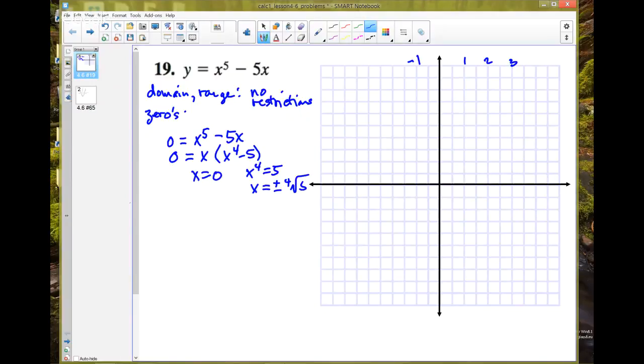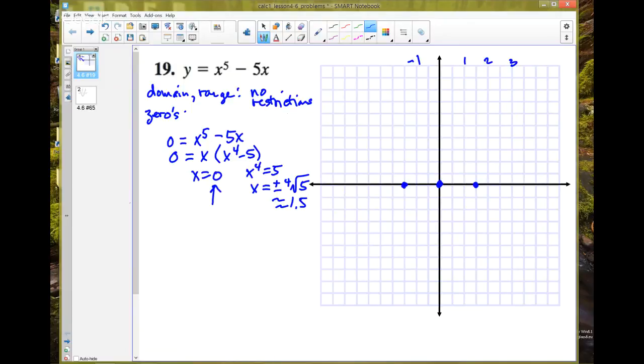There we go. Now the 4th root of 5 turns out to be approximately 1.5. So we have a 0 right here, and we should put that point on the graph. We should have zeros at about 1.5 and negative 1.5. Again, each line stands for a half. So I already have 3 anchor points on the graph.